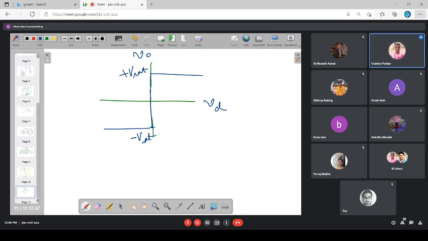So the transistor will always work in the saturation region. Who is saying that? Gulshan. That's fine, but beyond that also something has to be said.